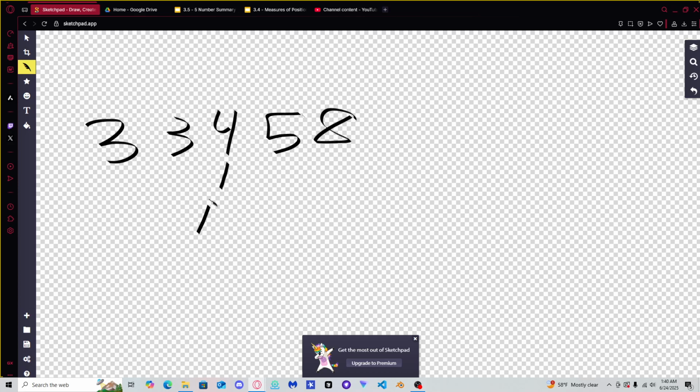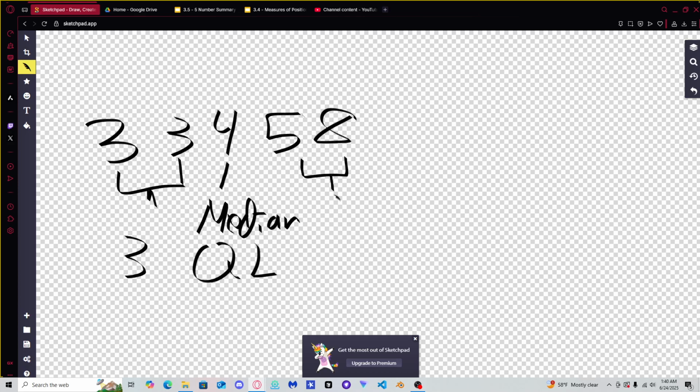Here would be the median, which is going to be quartile 2, the middle 50%. That means there's going to be 50% of data points above and 50% below. Between these two, there's no direct middle, so we average them out for 3. Here we do the same thing, which is going to be 5 plus 8 divided by 2, which is going to be 6.5.